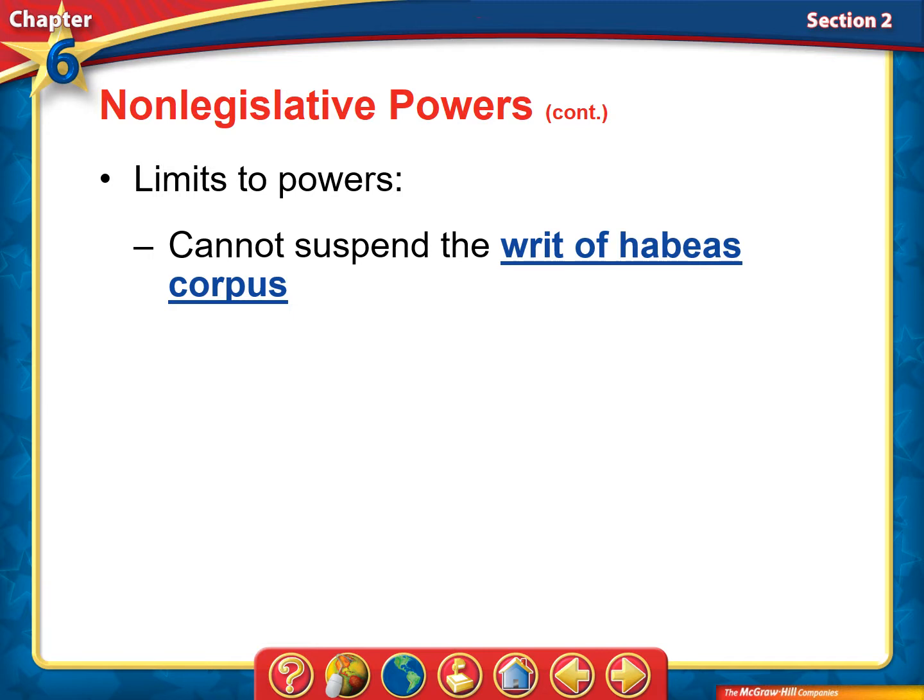Remember that Congress cannot violate the Constitution unless they rewrite it, and that's creepy, but there are specific limits to Congress's powers in the Constitution. For example, they cannot suspend the writ of habeas corpus. This is a big one. It's Latin for "of the body," and it's a court order that requires police to bring a prisoner to court to explain why they are holding this person.